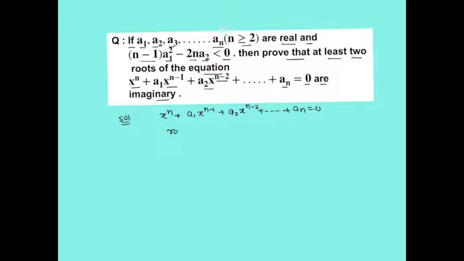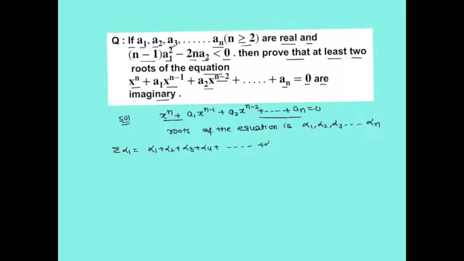Suppose roots of the equation are alpha 1, alpha 2, alpha 3 dot dot dot alpha n. Sum of roots we can write as sigma alpha 1, that is nothing but alpha 1 plus alpha 2 plus alpha 3 plus alpha 4 plus alpha n, that is given as minus a1.